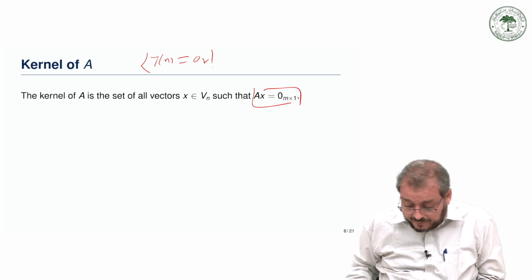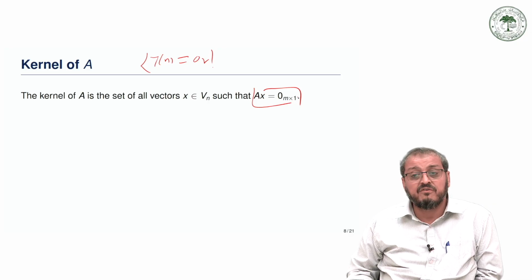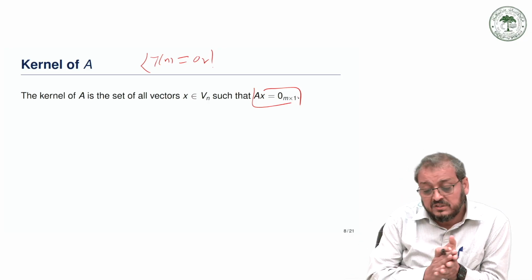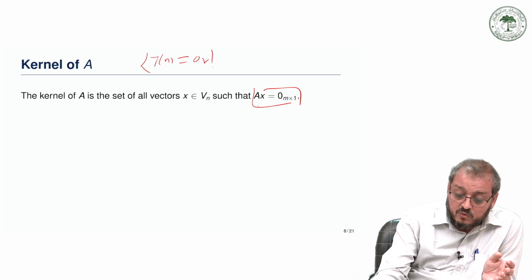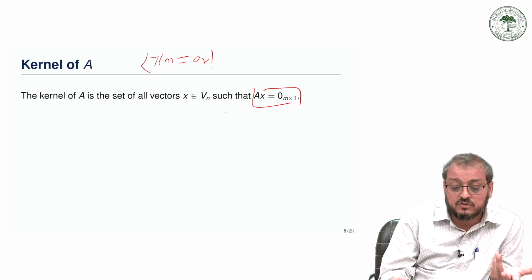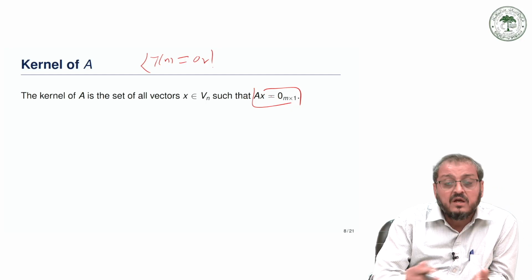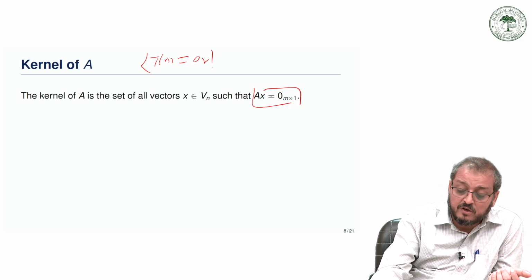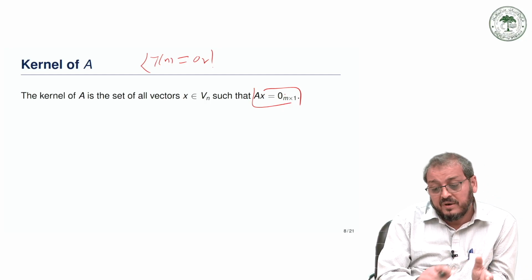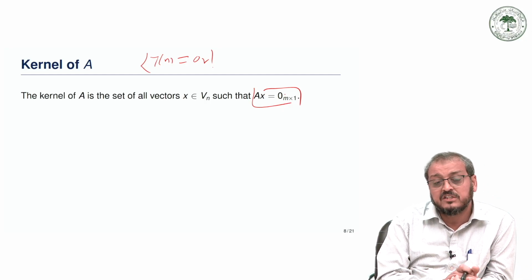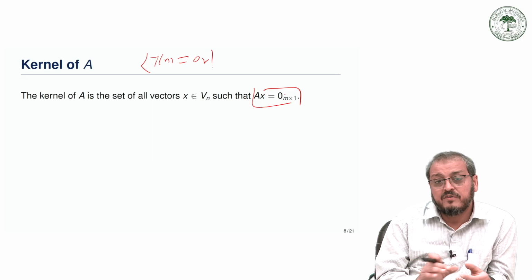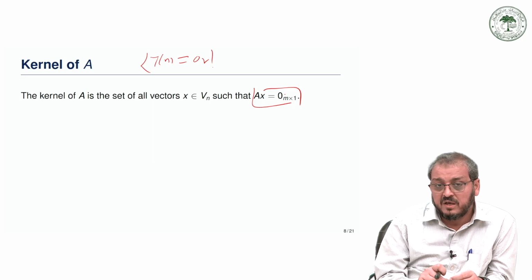So in this way we can find the rank of this. We solve the system of equations and then find the span of the kernel of A. The number of elements in the basis of the kernel of A is called the nullity.